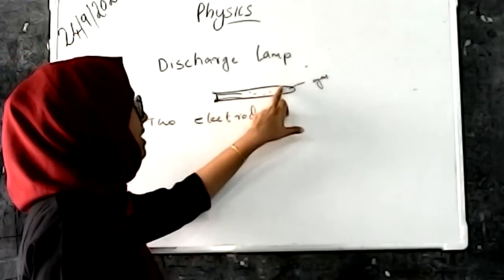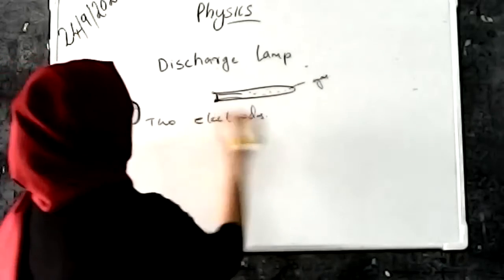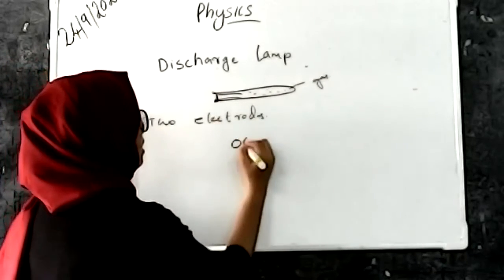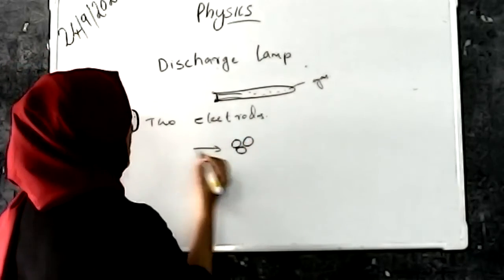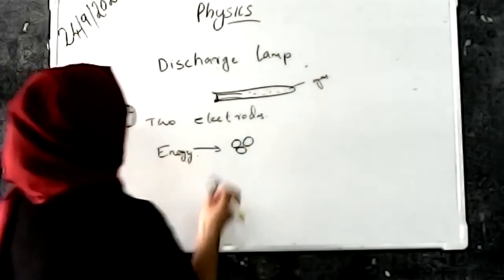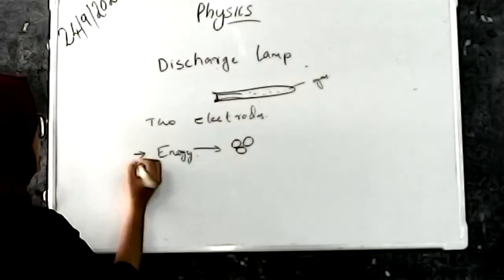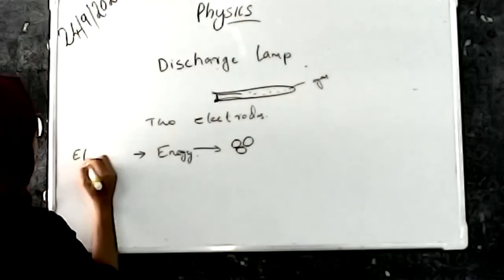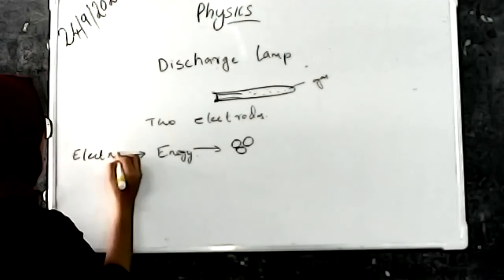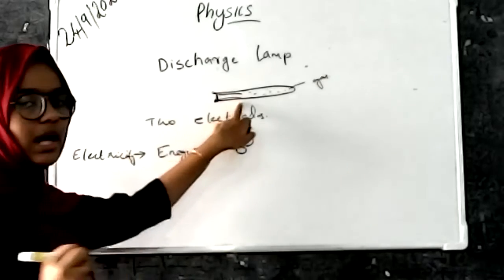The molecules in the gas are energized. That is, energy is getting to these molecules when the bulb is getting electricity. Electricity is applied to this glass tube.